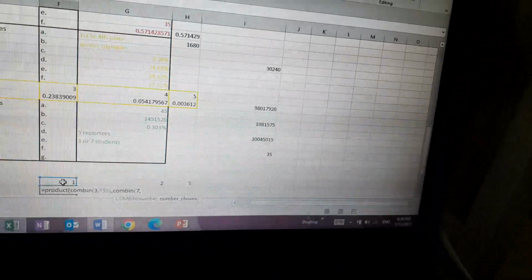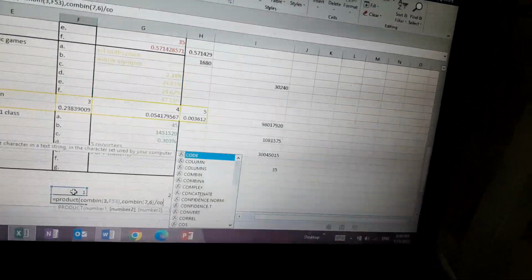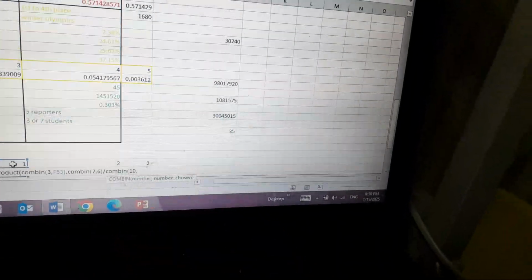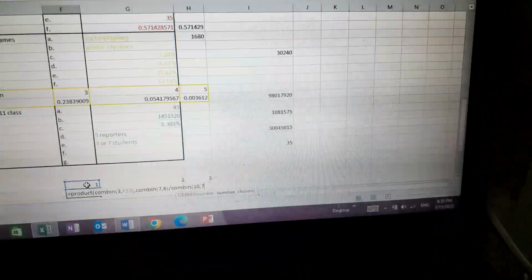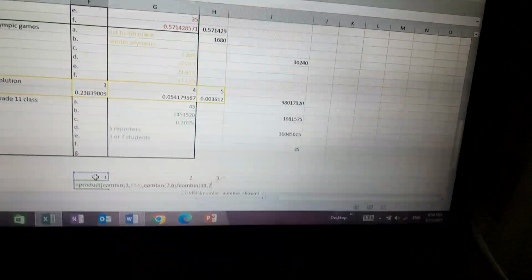So, 7C6. And then it should be divided by the combination of the sum of N of the success and the failure, and the sum of R from the success and the failures as well. So therefore, that's 10C7. So either way, 10C7 or 7C6.